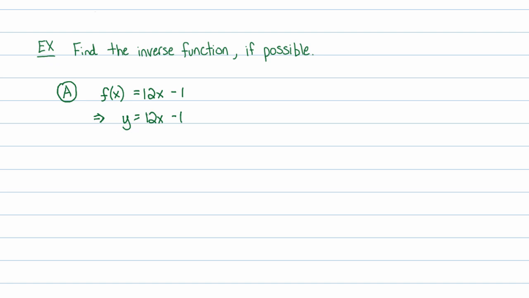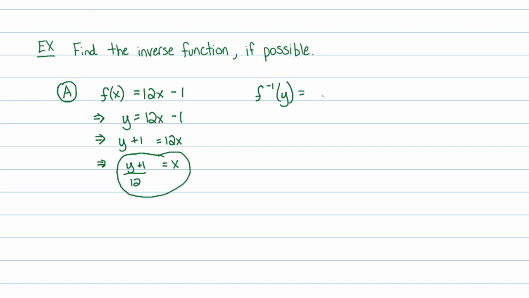Well, if you solve this for x, in other words, add 1 to both sides, divide both sides by 12, this right here should be my inverse relationship. So if f of x is equal to 12x minus 1, then f inverse of y is equal to y plus 1 over 12.